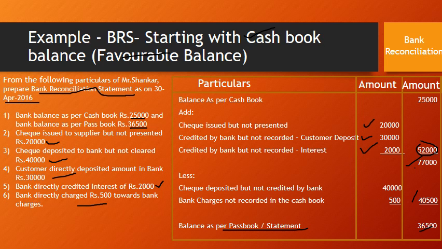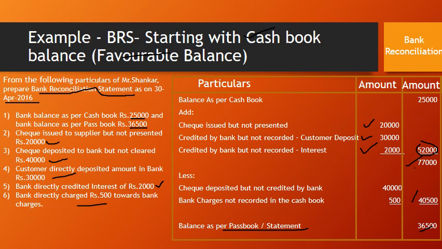See, in the template also we say whatever check issued but not presented, we need to add it. Whatever is directly credited by bank should be recorded. See, this is the way of doing it with a favorable balance.